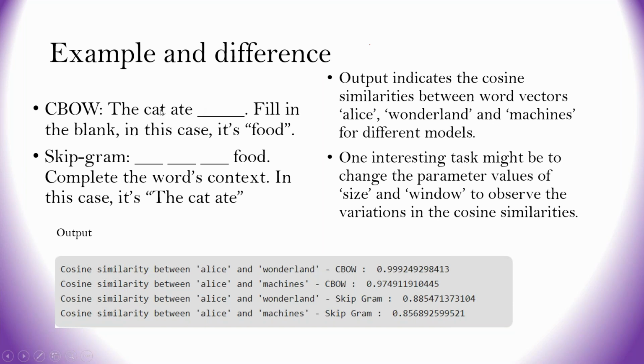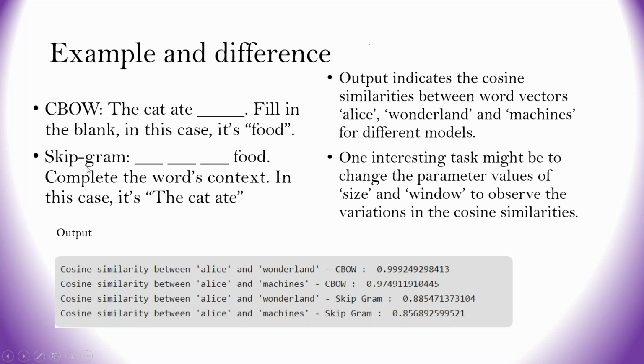In a specific corpus, if it is given like cat ate milk or cat ate mice or whatever, it is going to fill in the next word having the most cosine similarity between the previous words spoken and the next word to be predicted in the hidden layer. In this case, food is the expected predicted word by the continuous bag of words model.